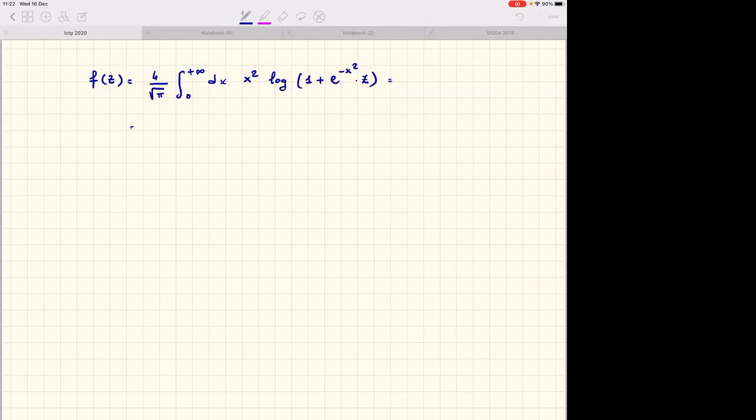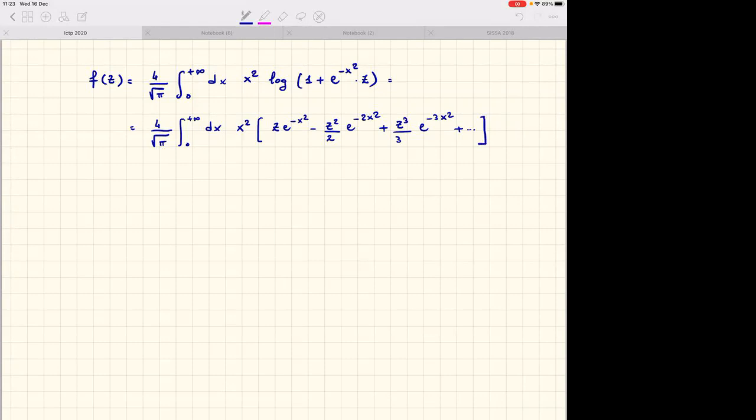So I will obtain that this is equal to 4 over square root of pi integral between 0 and plus infinity dx, and then x squared times z e to the minus x squared minus z squared over 2 e to the minus 2x squared plus z cubed over 3 e to the minus 3x squared plus etc., and then you go on.